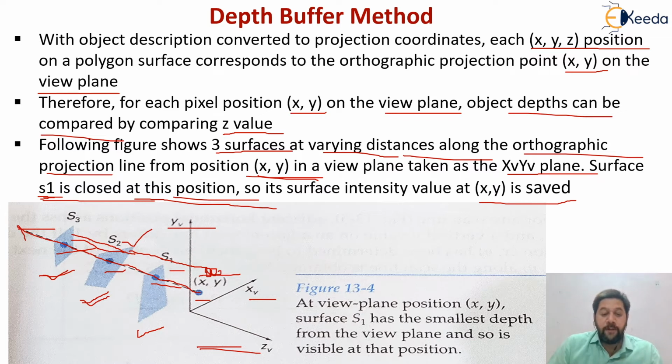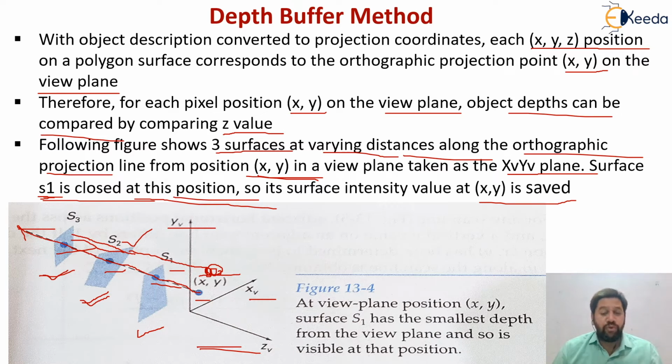So if I'm considering this is my second point, for this point, the point will be displayed with the color of S2, because that is visible at that particular point. In this way, we find the visible lines and visible surfaces in the depth buffer method.